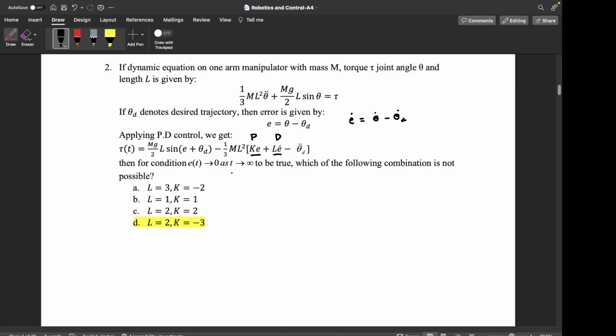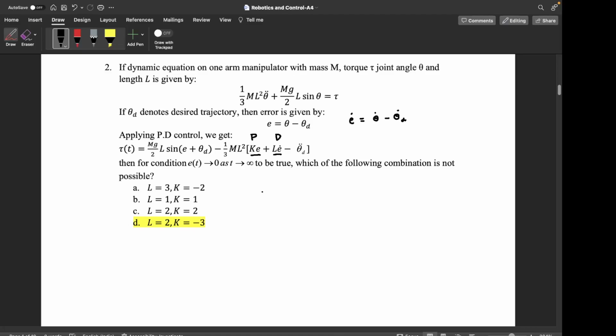Ideally you want the error to go to zero as t tends to infinity, so that on a long enough horizon the error is negligible. That's the requirement we have.